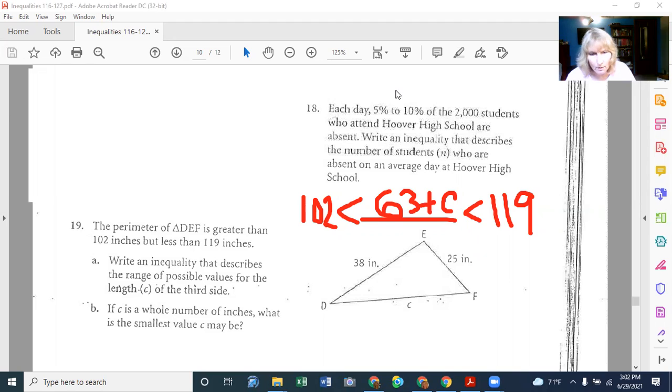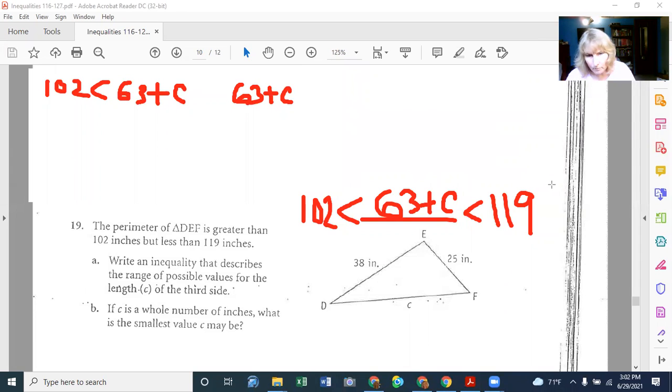My first one that I'm solving is 102 is less than 63 plus C. And my second inequality is 63 plus C is less than 119. So we're going to solve both inequalities.